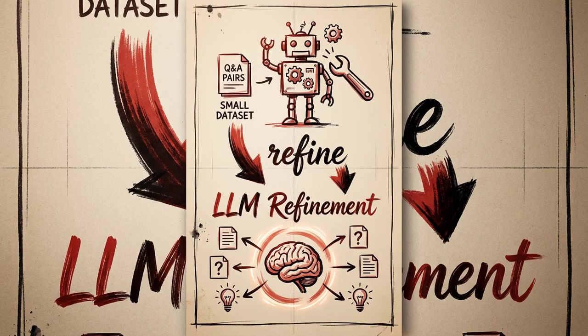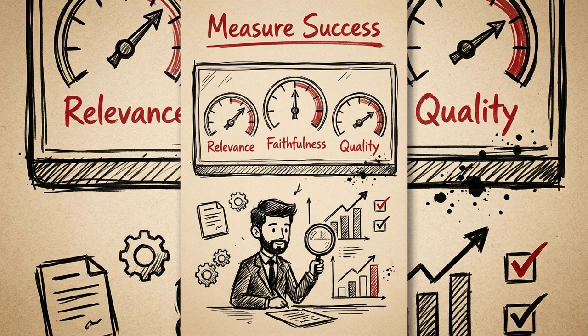While RAG avoids full retraining, you can fine-tune the LLM on a small dataset of question-answer pairs to improve its ability to synthesize and format answers from retrieved context. Crucially, measure your RAG system's performance using metrics like context relevance, faithfulness, and answer quality. Iterate and improve based on these.